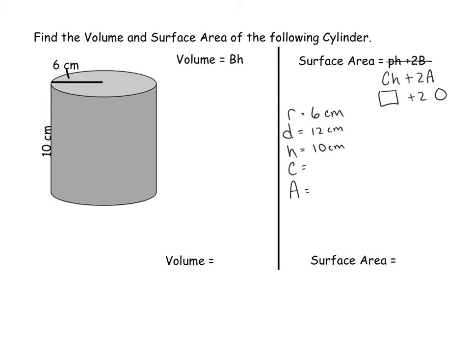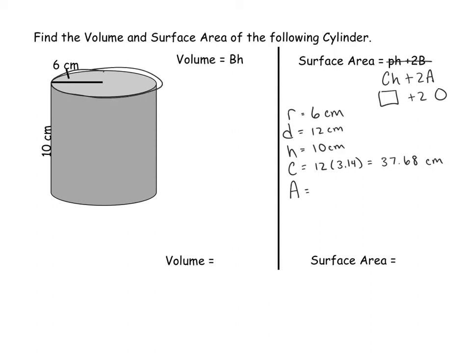The circumference is found by the diameter times pi, 3.14. And 12 times 3.14 is 37.68. And circumference is a length. Remember, circumference is just the distance around.